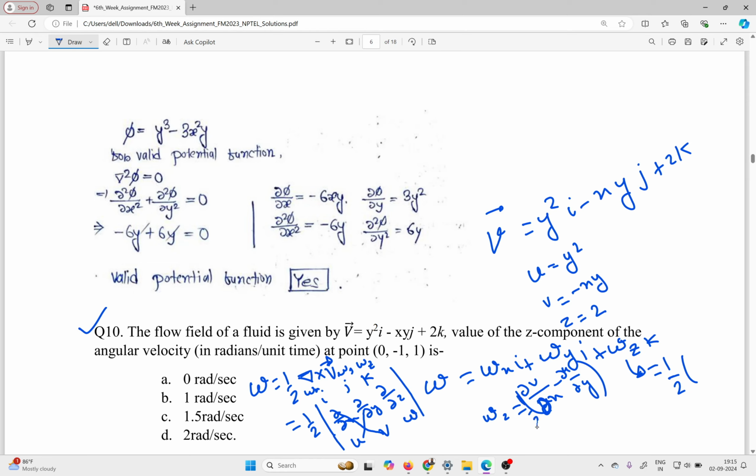Similarly, you can calculate wx and wy both. But here we need to calculate what?